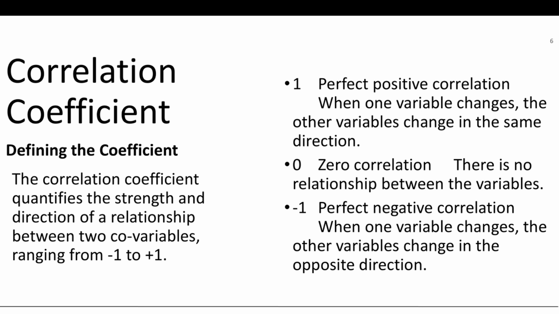The closer it is to 1, the stronger the relationship. So, for example, plus 0.9 would be a very strong positive correlation. Minus 0.9 would be a very strong negative correlation. And the closer that number is to 0, the more it tells us that there is no relationship at all. We can also estimate this on a graph by how close that line of best fit is to 45 degrees. If it was a perfect 45 degrees, it would be a +1 or a -1. So that's what we're looking for.